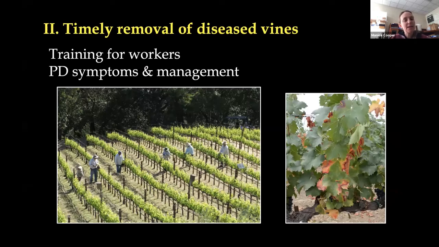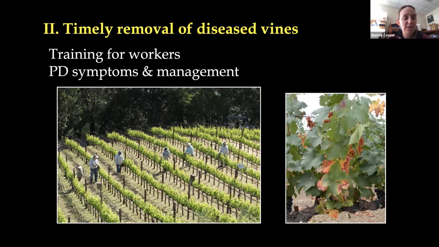I think a key aspect of that is to make sure that your workforce in the vineyard is very well aware of that. In my 5 years of mapping thousands of vines, what I've noticed is that our workers are very conscientious. When they see an arm or part of the cordon that doesn't appear to be growing well, they'll just lop it off and try to retrain it, try to fill in that space.